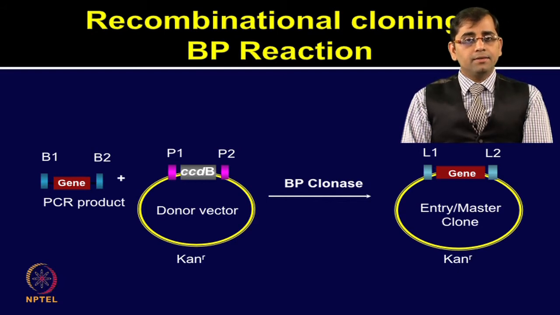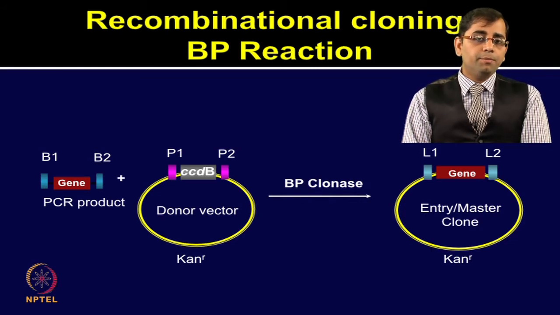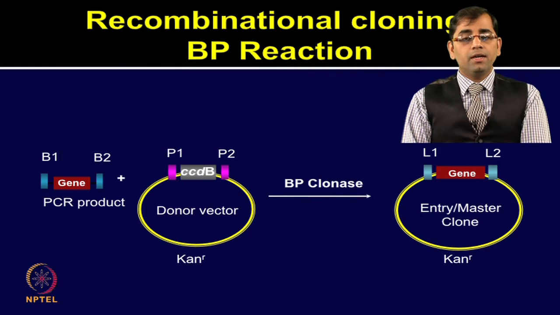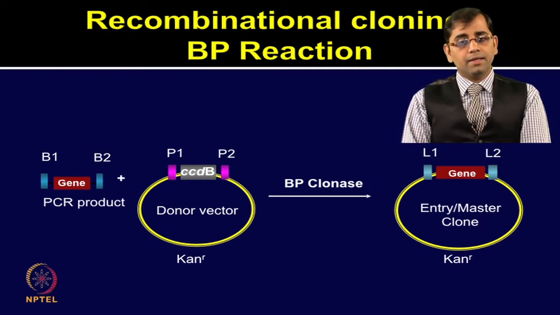As you can see in this slide, there is a donor vector or P donor that contains att P sites flanking a ccdB gene, or a counter selectable gene, that recombines with a gene of interest which is flanked by att B sites, which you can see on the left hand side. The gene fragment can be produced from a PCR product and contains att B sites, and you have a donor vector which contains a selectable marker, kanamycin resistance marker, that contains att P sites.